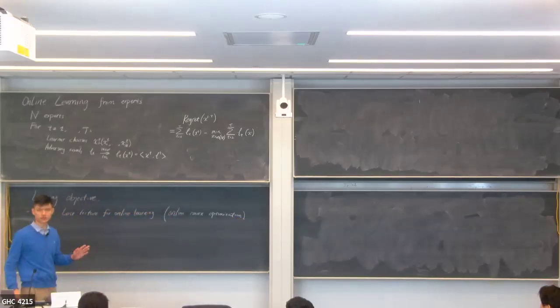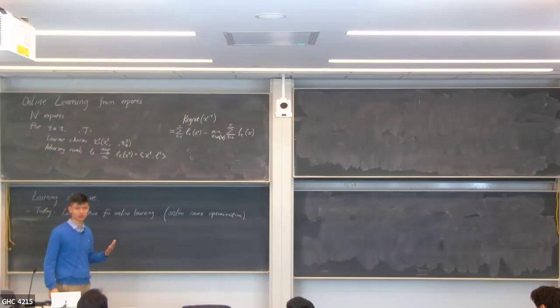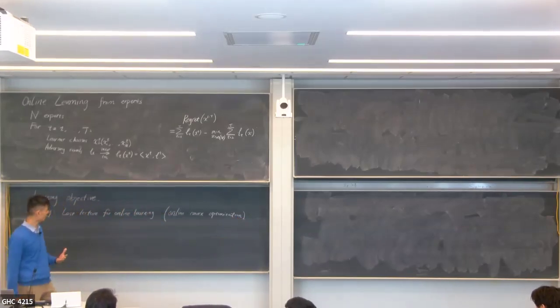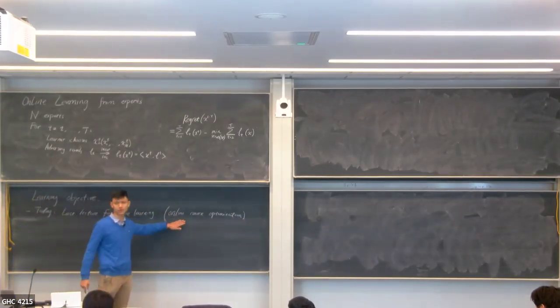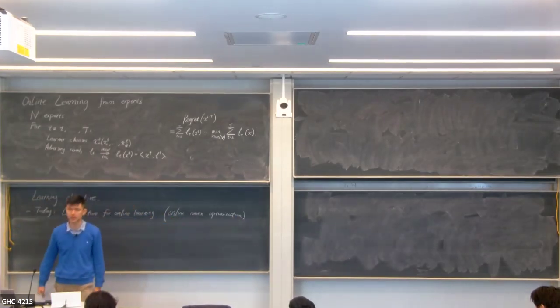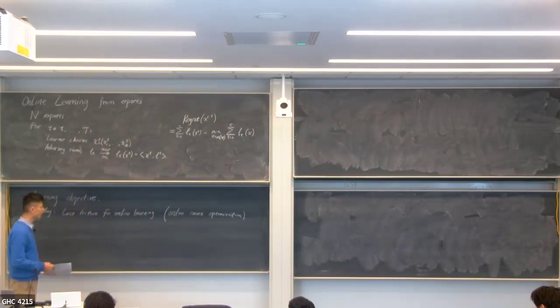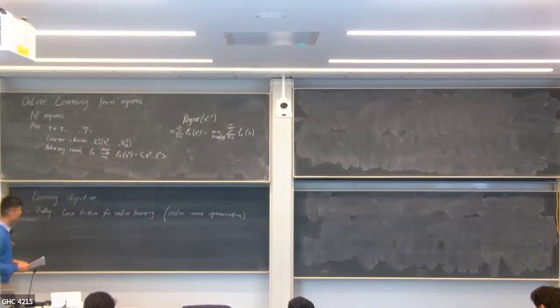In the beginning of this class, I tried to highlight that a lot of great things started at CMU. Actually, I think one of the first papers that studied this sort of problem for online convex optimization also happened at CMU. So that's cool.